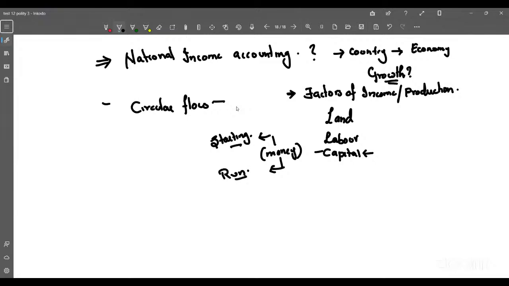Both these aspects need money. This is called working capital, and the other is called investment capital. Both of them combined are called capital.